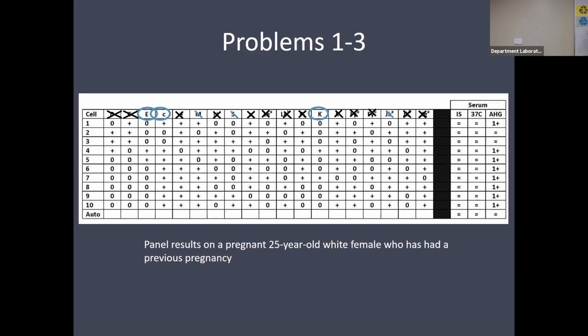We're looking at cell 6. Right here. All right, so your patient is D negative, big C negative, big E negative, little c positive, little e positive. Okay? Given that this patient is D negative, is the D gene being expressed at all?